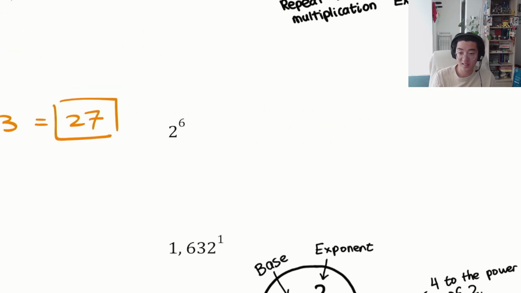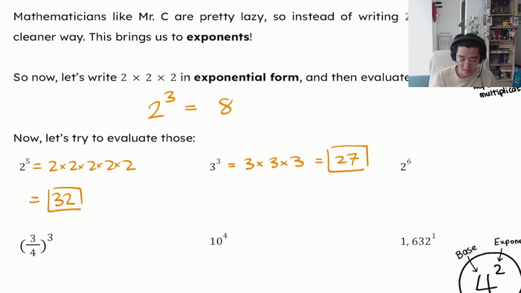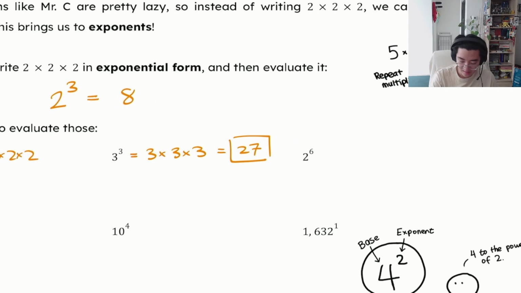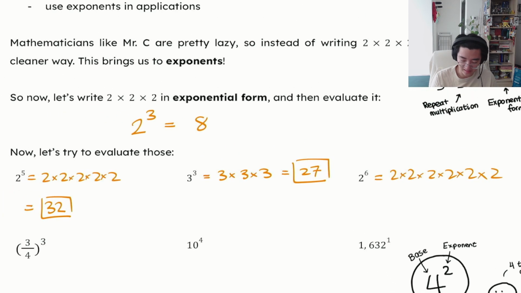2 to the power of 6. We can lay it out again, the whole 2 times 2 times 2 times 2 times 2 times 2. Or we actually notice here that 2 to the power of 6 is just 2 to the power of 5 with an extra 2 tagged behind it.